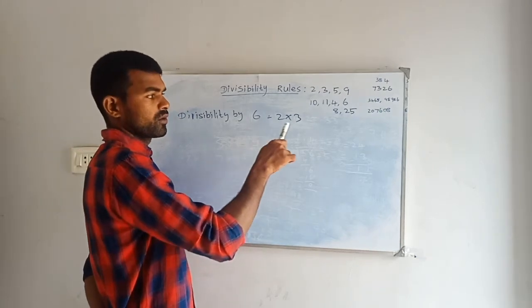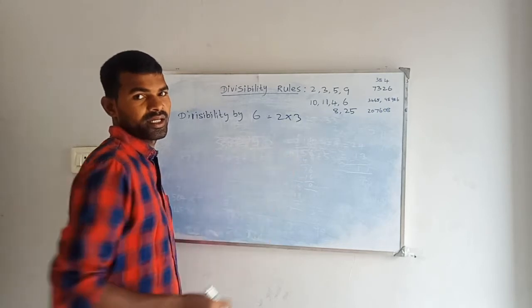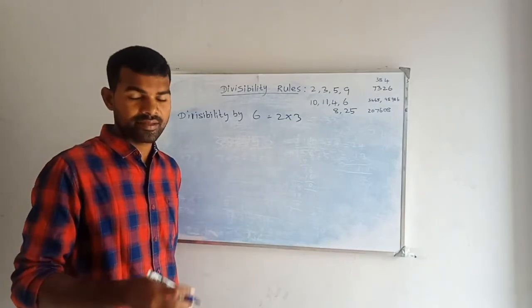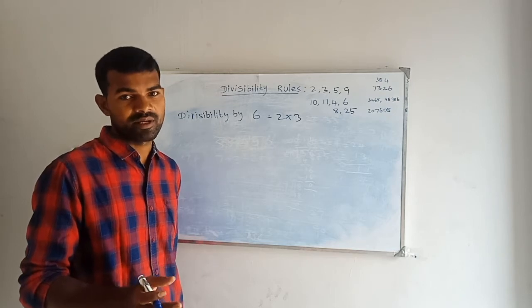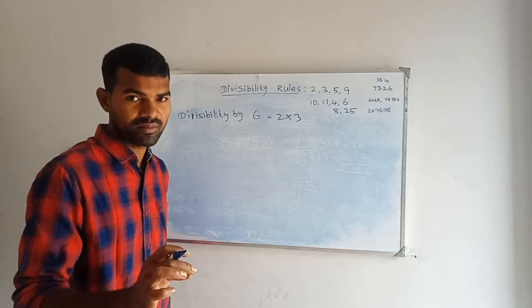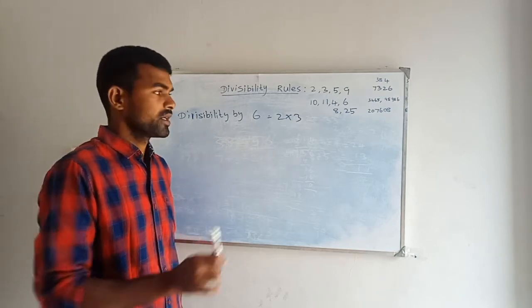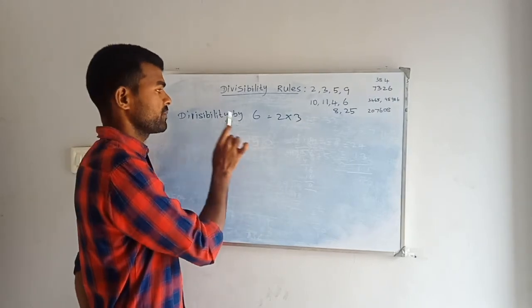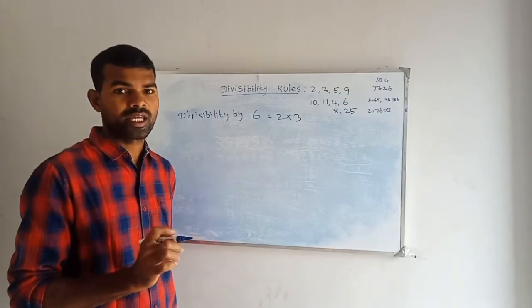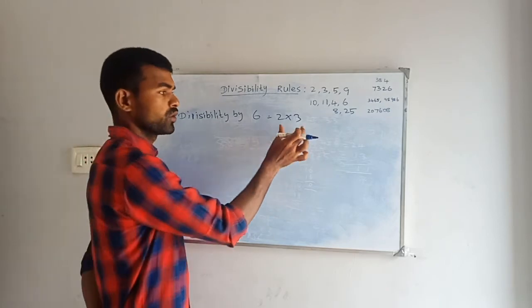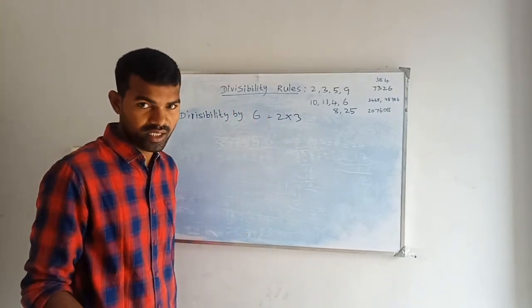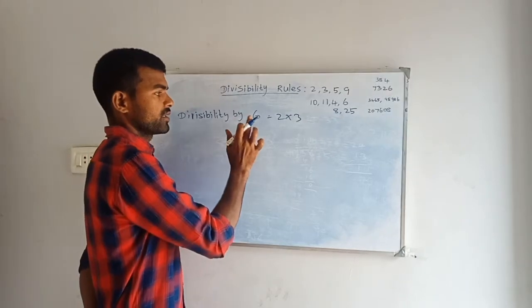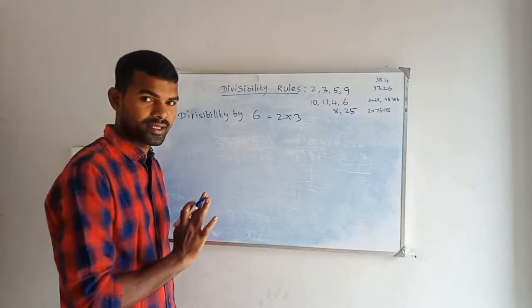And what is the rule for divisibility by 3? The sum of the digits must be in the 3 table, a multiple of 3. For divisibility by 6, you have to take only these two rules. If both rules are satisfied, then it can be divided by 6.